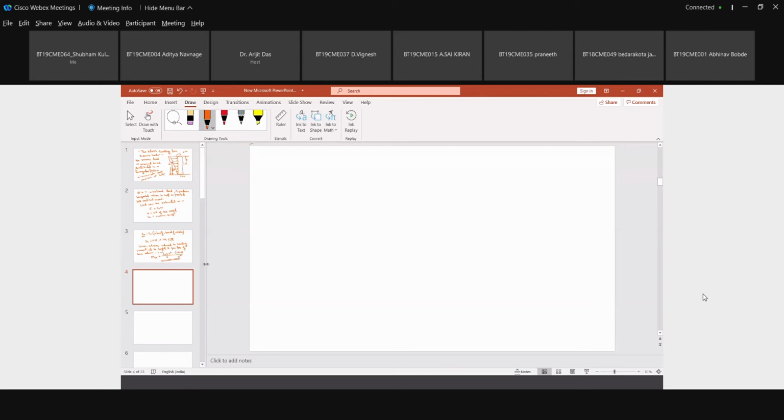Just follow the equations first. At the top, what is the value of x? X is the variable here. So what is the value of x at the top of the column?